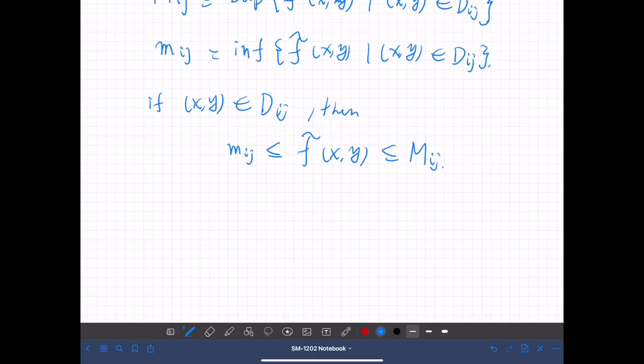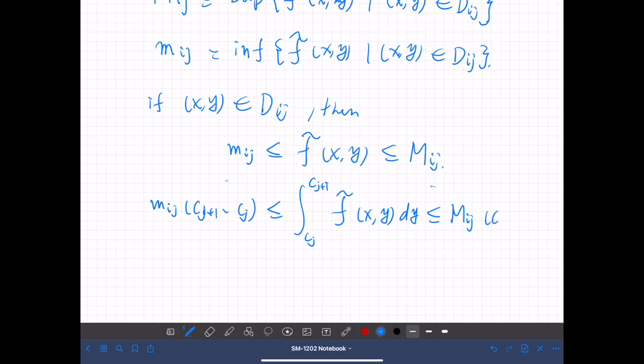So if we integrate these quantities with respect to y from cj to cj plus 1, we have mij times (cj plus 1 minus cj) less than or equal to the integral of f tilde dy, less than or equal to Mij times (cj plus 1 minus cj).